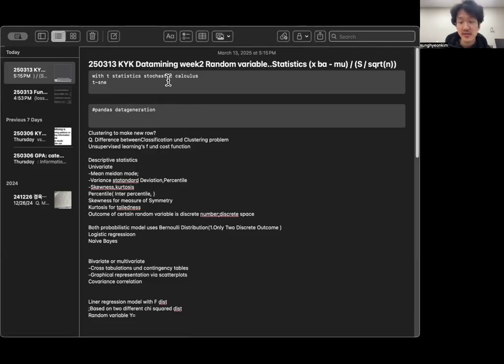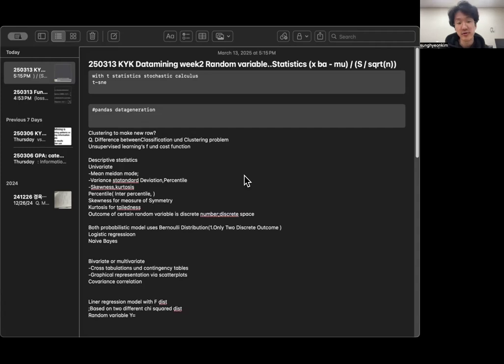The statistic is also a random variable, so we can do stochastic calculus with statistics because it is a random variable. And there is the Student t-distribution's density function. There is a gamma function in it, and there are things you can observe.